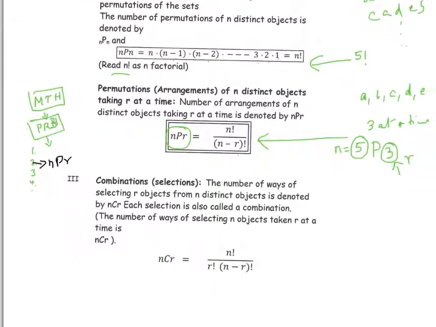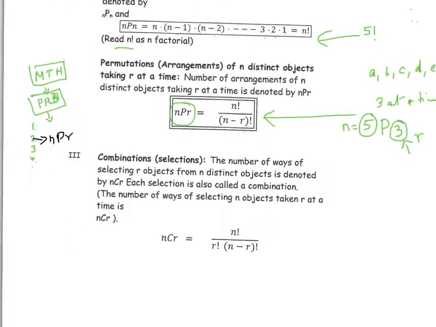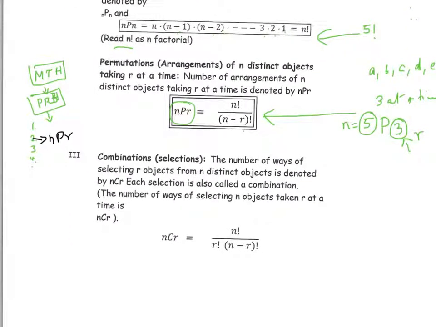Now, the next counting technique is selections or combinations. So the number of selections of 3 people from a group of 5, let's say, is written as 5C3. So from 5, choose 3, which has to be a smaller number.